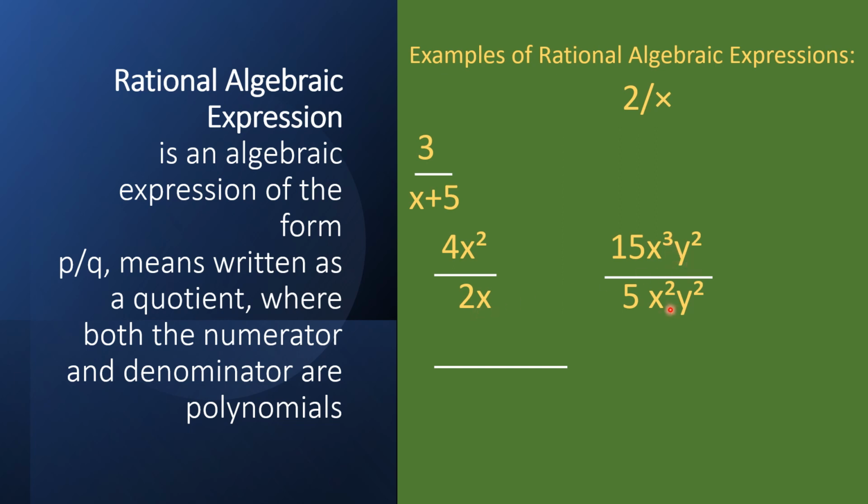Same thing here: 15x cubed y squared over 5x squared y squared. And here another one: x squared plus 5x plus 16, which is a trinomial, divided by a binomial. Okay, so now, how are we going to simplify?